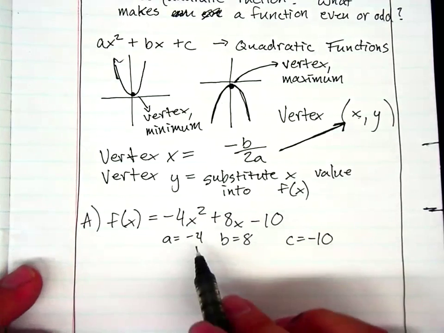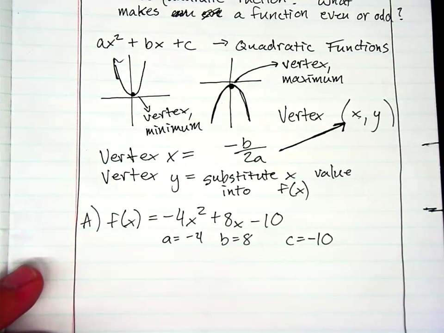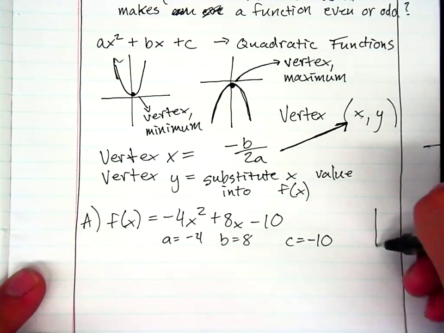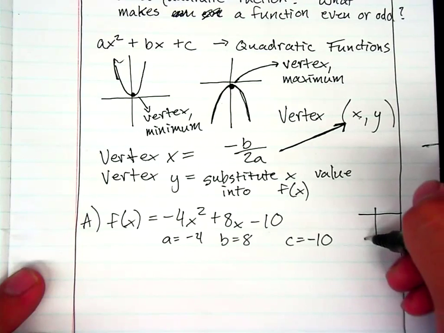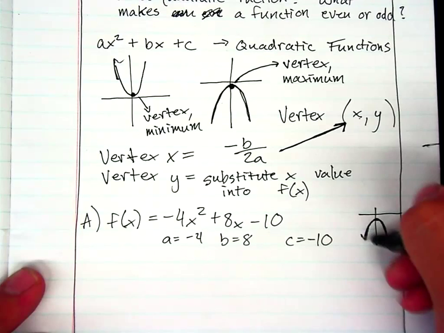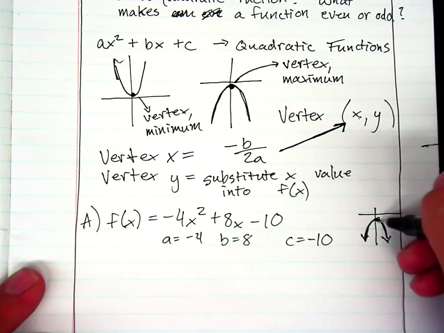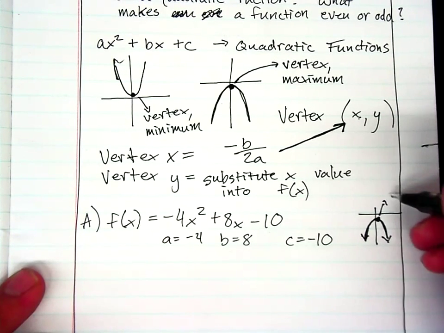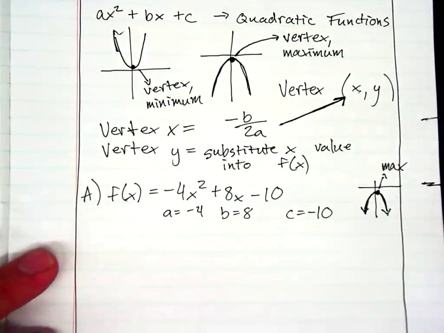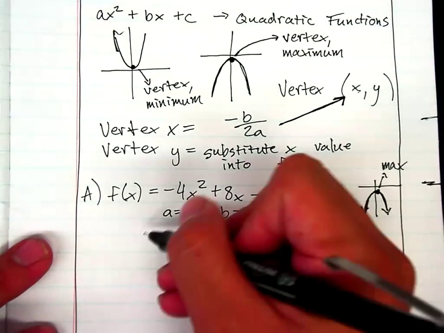Remember that because I have a negative a, our parabola is going to be going downwards. Now this is not an accurate sketch. I'm just showing us that what we're going to be looking for is a maximum.